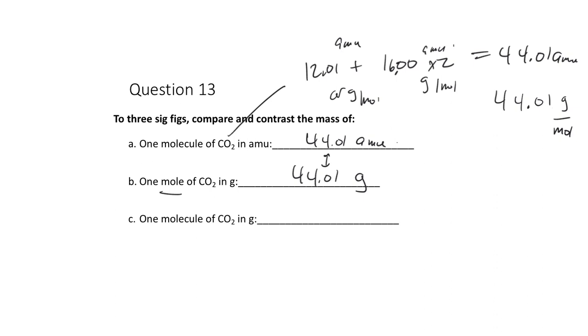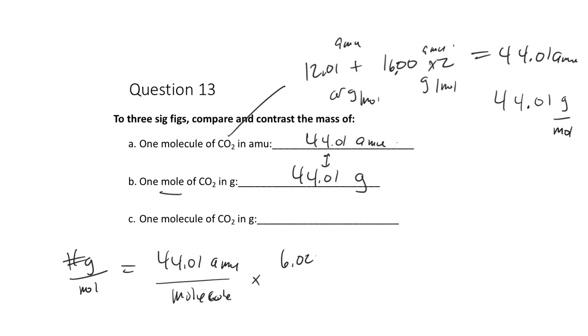One way of thinking of this would be if you say, well, can you show me again, or why is it the number of grams per mole comes out to be the same number numerically as the AMU per molecule? Well, it's just how the conversion factors work. We have an Avogadro's number of molecules of CO2 in a mole of CO2.